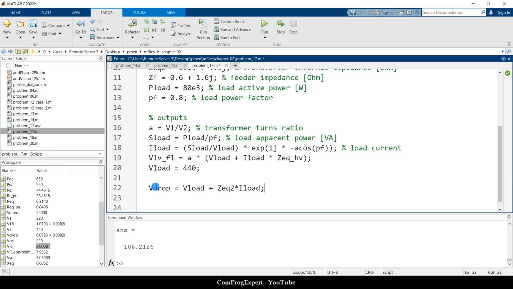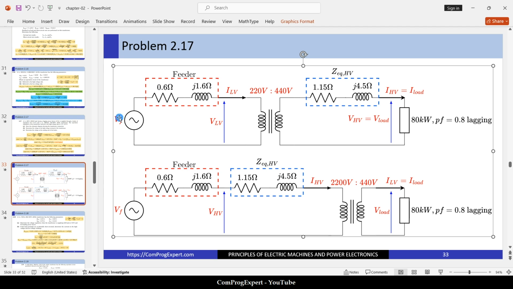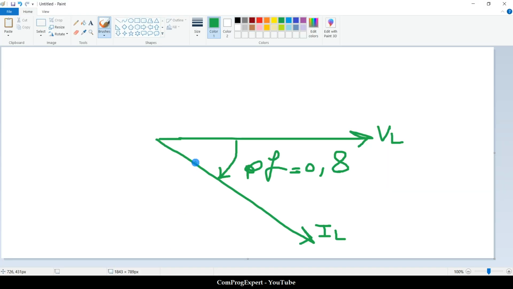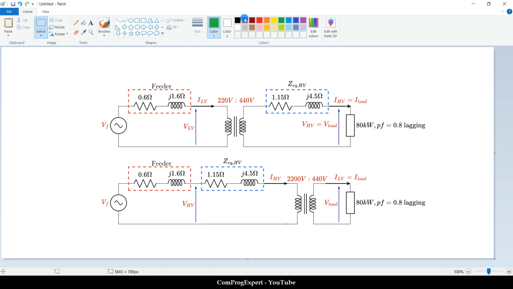And this is the voltage drop, and this is the value of the voltage here for this point. Let's call this V star.